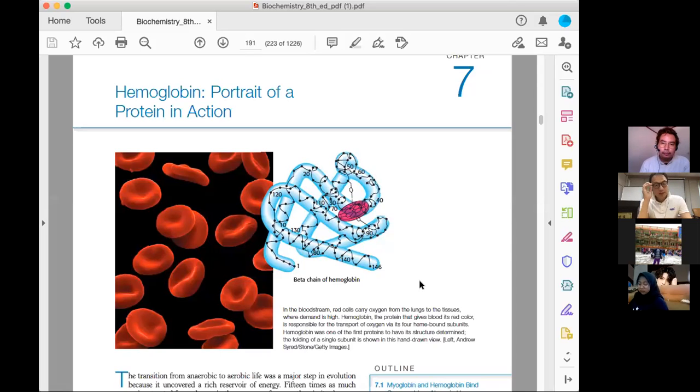Think about this. The function of hemoglobin is to carry oxygen from the lung to the peripheral tissues where the oxygen is consumed, right? Then how can a hemoglobin know where to bind oxygen and when to release oxygen?